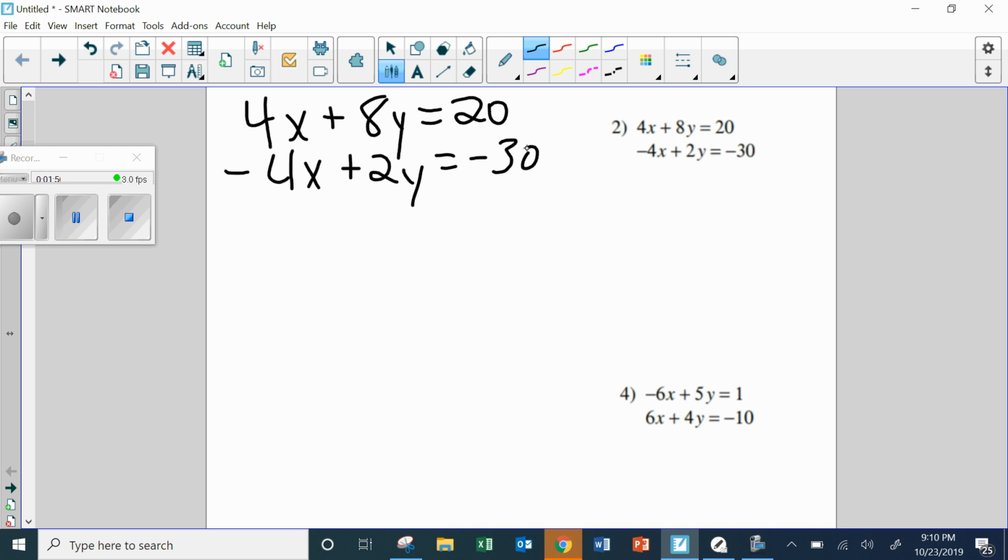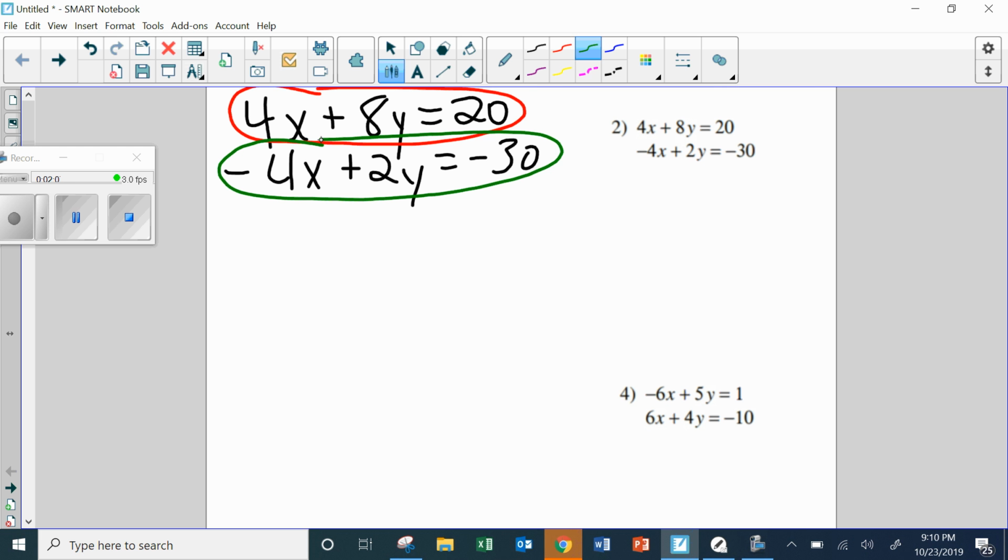So I am basically going to take both of these equations, equation 1 and equation 2, two separate equations. I'm going to combine these into one equation, and my goal in doing that is to eliminate one of the two variables.